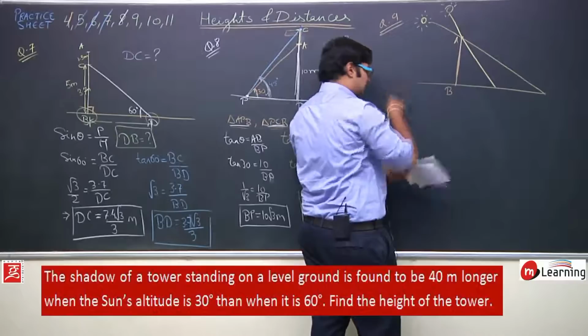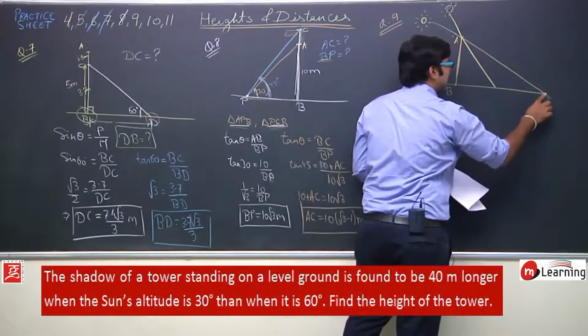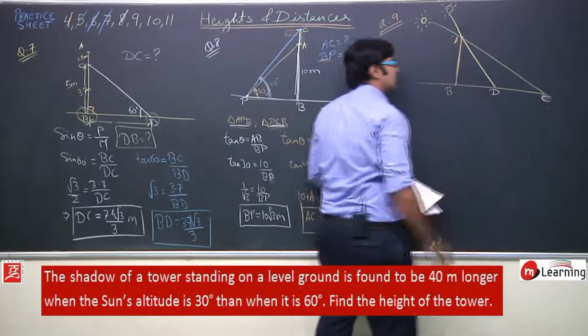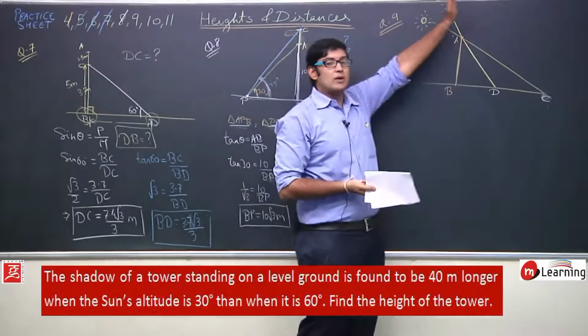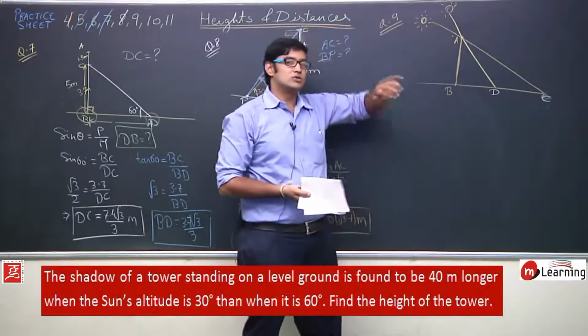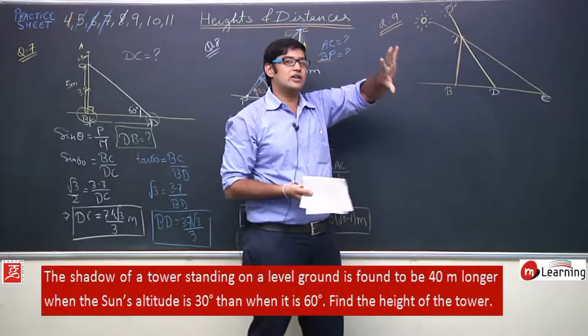So this is AC and this is AD. What I can see is when the sun moves up, the shadow will reduce. When the sun moves down, the length of shadow will increase.